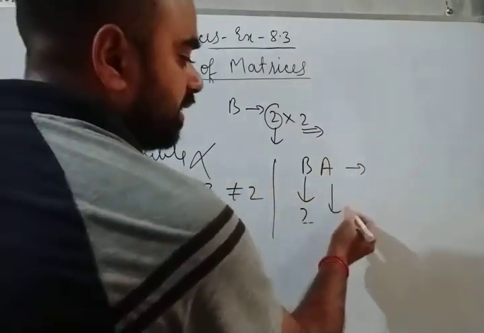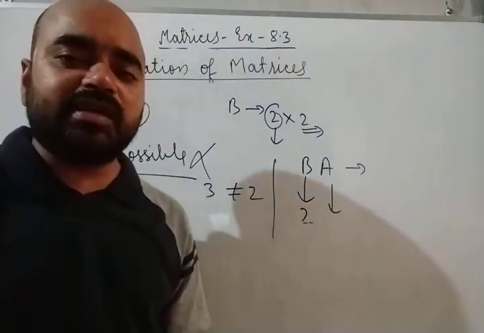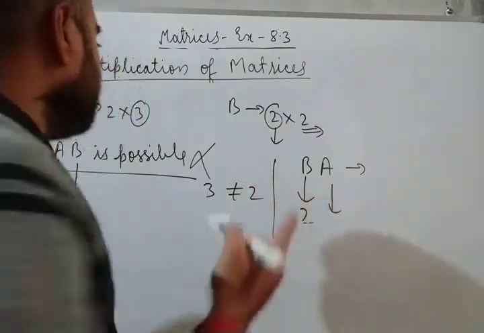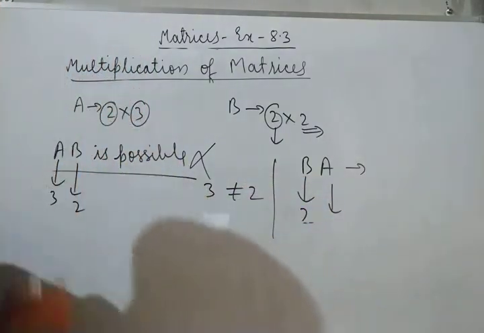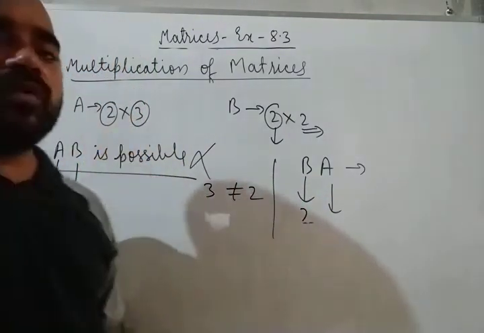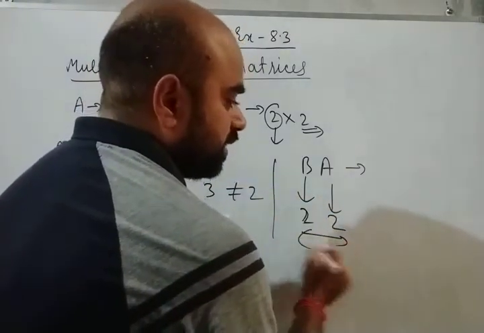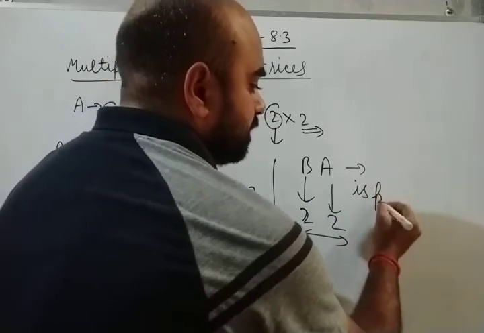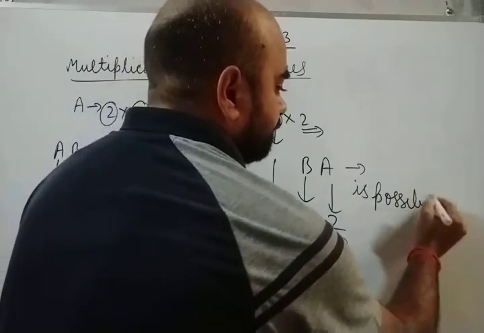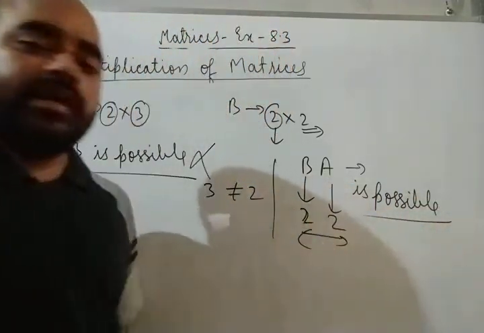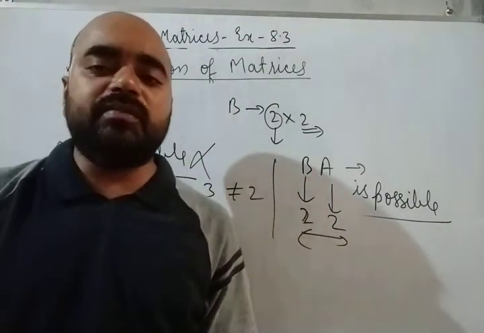Now the second matrix is A, and we have to check its number of rows. In the second matrix the number of rows is 2. It means both are the same, 2 and 2. It means BA is possible. Correct? BA is possible but AB is not possible.